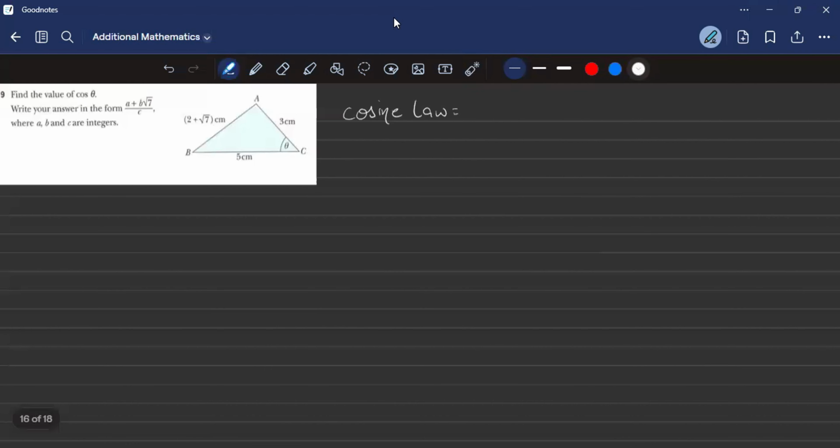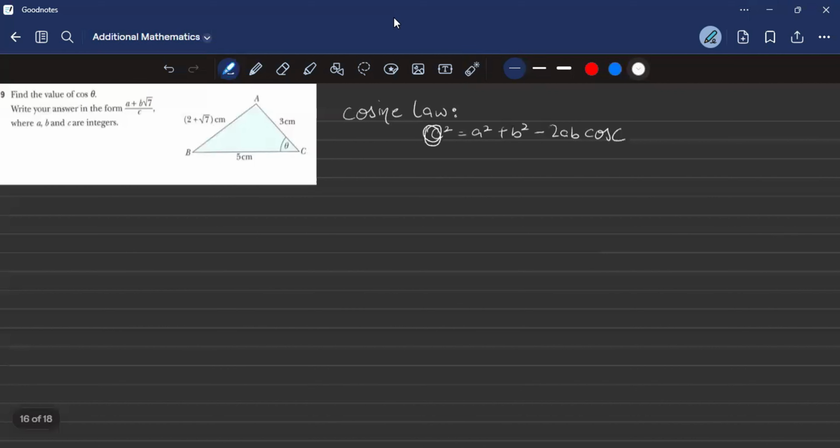But basically, cosine law is a squared. In fact, I'm going to write it in this way. So as cosine law states, c squared is going to be equal to a squared plus b squared minus 2ab cos C. So basically what happens here is we simply find out a side, okay?